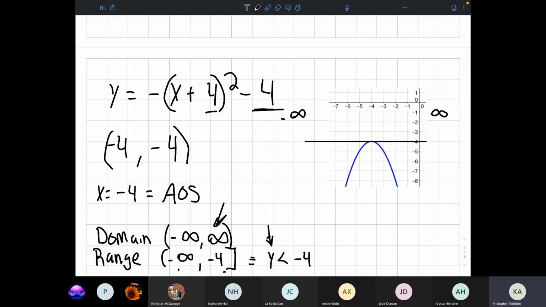This says y could be anything from -4 all the way down to -infinity. Does that make any more sense? Yeah. You sure? Okay. So do we put the second one or the first one? Both of them are right. I don't know how your teacher wants it. But if you can put it this way, then you can pretty much convert it to this. They mean the same thing. Just be able to think about it and read it and say, okay, this is less than -4.